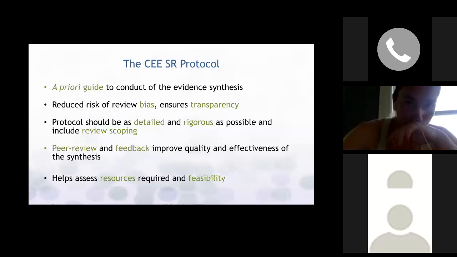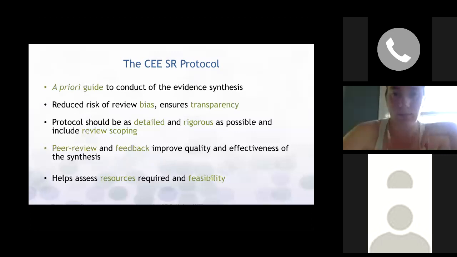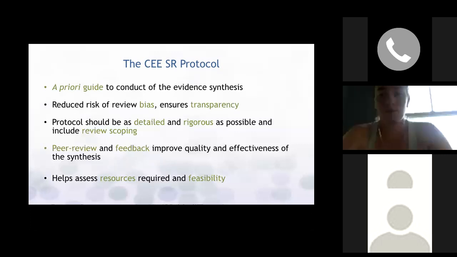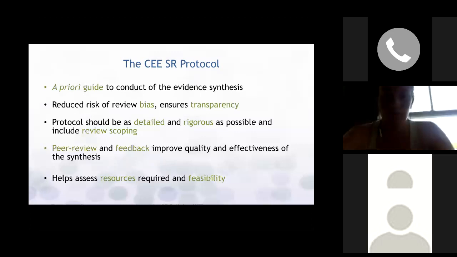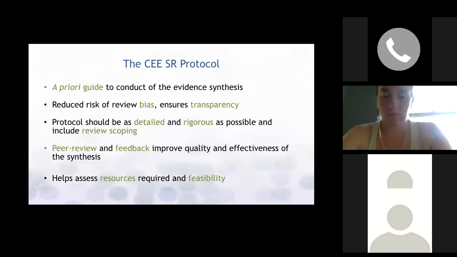Starting your review by filling out this protocol and sharing it amongst your review team will help ensure transparency amongst the review team, but also for people who are going to use it, and also will help you stay on the same page.